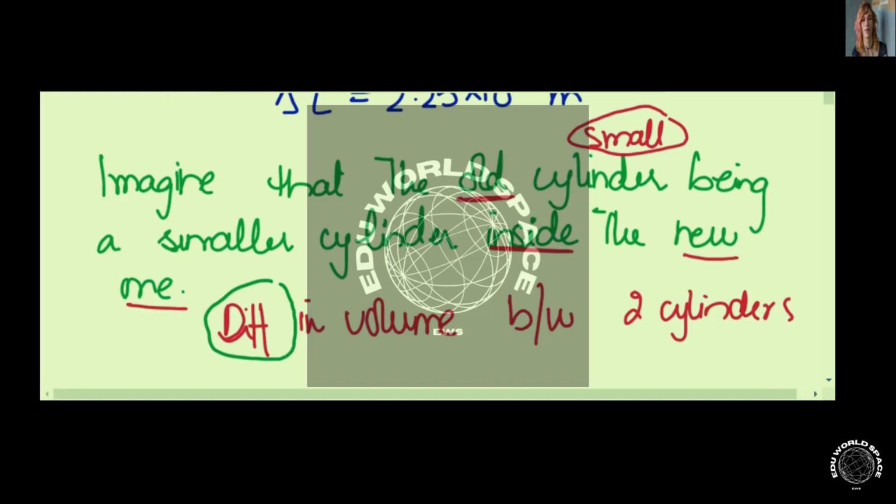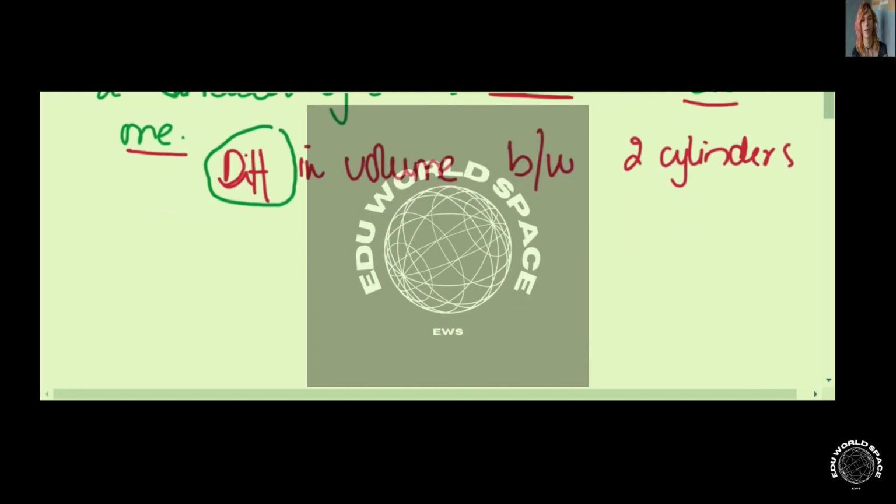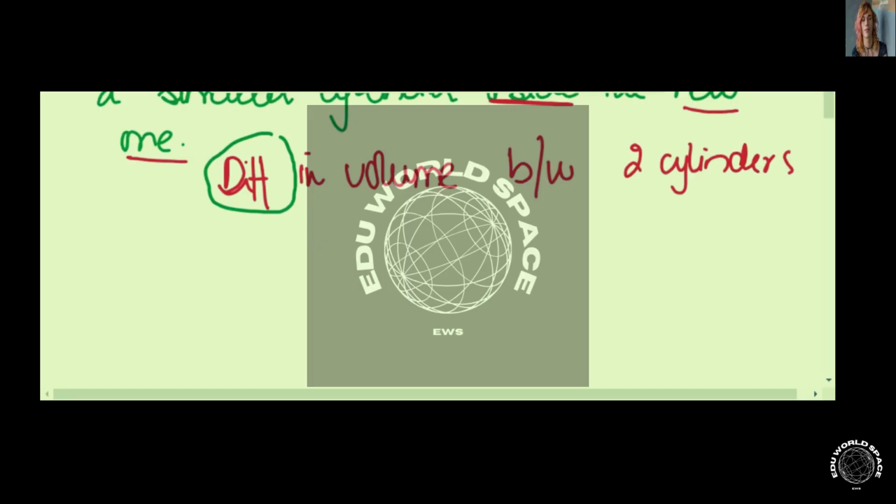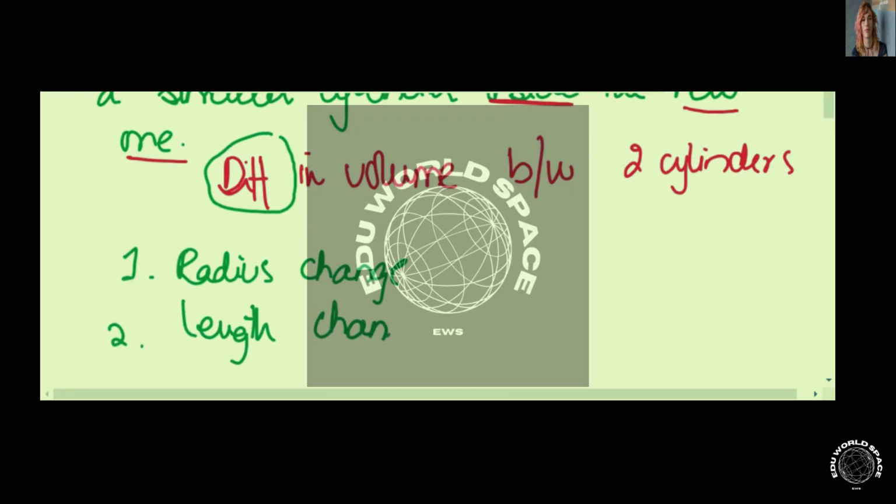Now for the volume to increase, there will be two ways. One would be because the radius changes, and the other one would be that the length somehow changes.